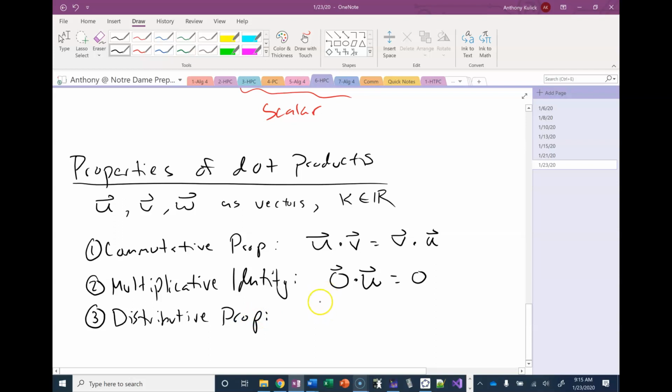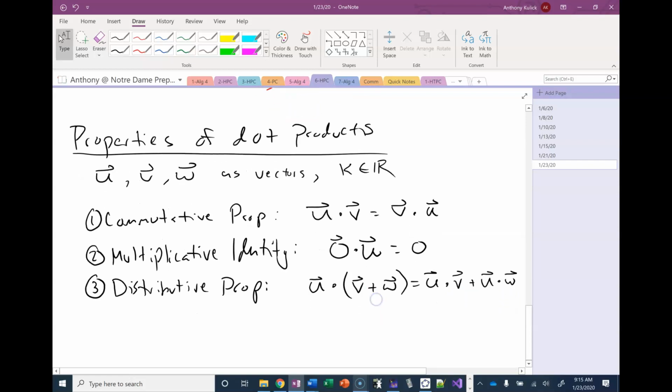So we have a distributive property. And again, because we know that the dot product is commutative, it doesn't matter which side we're taking the dot product from.